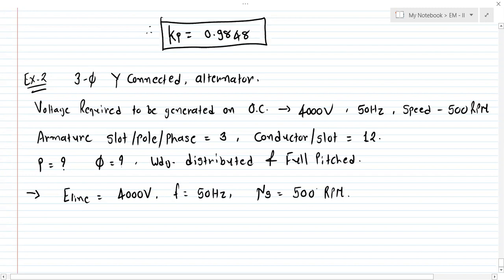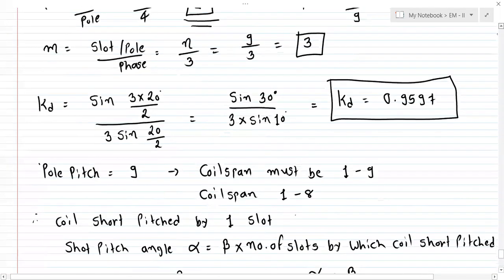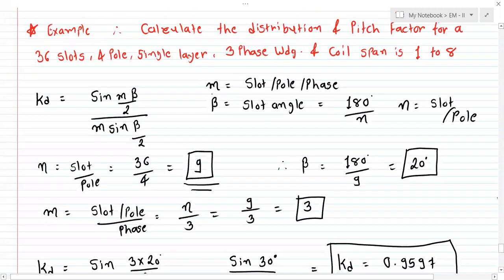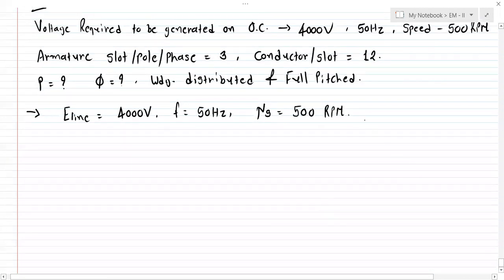The slot per pole per phase we denote with m, so here m is equal to 3.